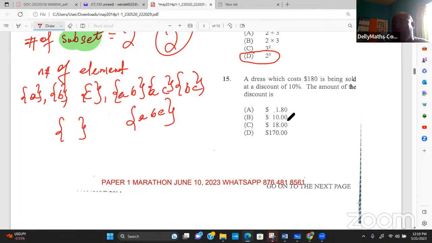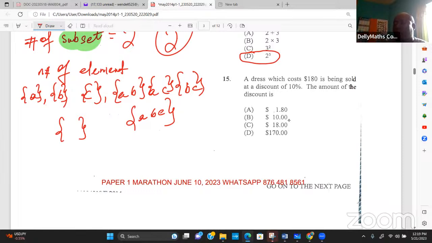A dress which costs $180 is being sold at a discount of 10%, right? The amount of discount is, I'll just quickly give you a hint. There is an idea with 10%, right? All of these questions will be multiples or factors of 10%.